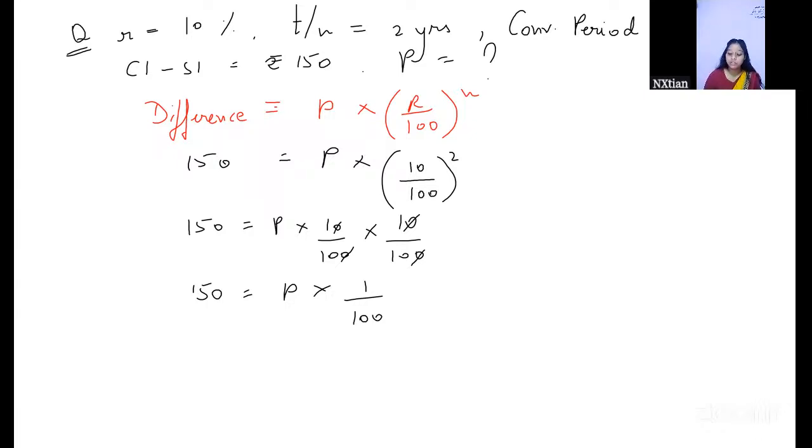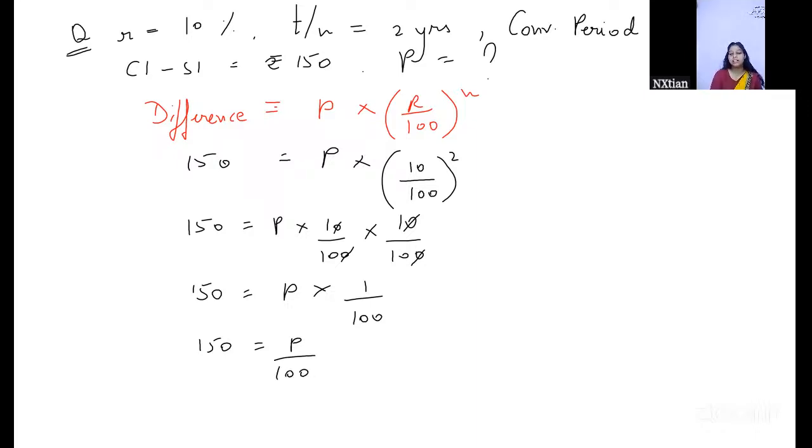P and 1 upon 100 are in multiplication, so we can write 150 equals P upon 100.